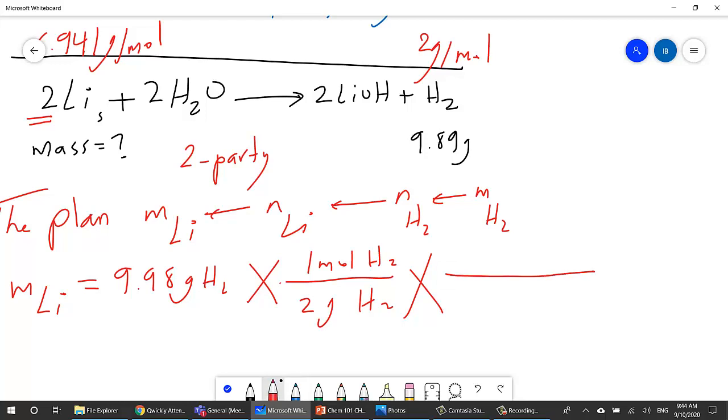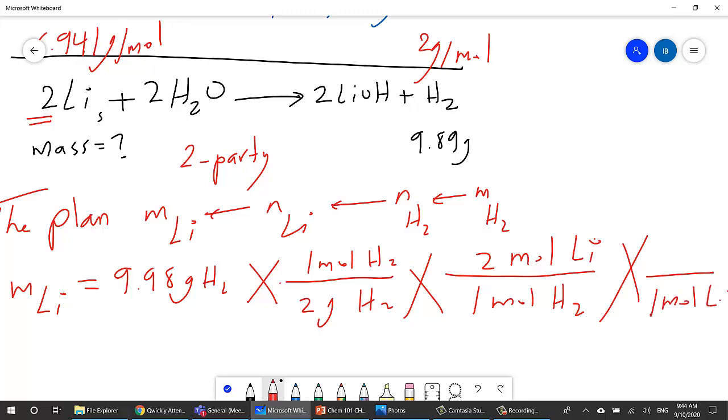I know that it's between lithium and H2, so it's 1 to 2. So I have here 1 mole of H2 corresponds to 2 moles of lithium. That's from the equation. So the moles of H2 goes with the moles of H2. Now, finally I want to convert that to mass. So 1 mole of lithium is 6.941 gram.